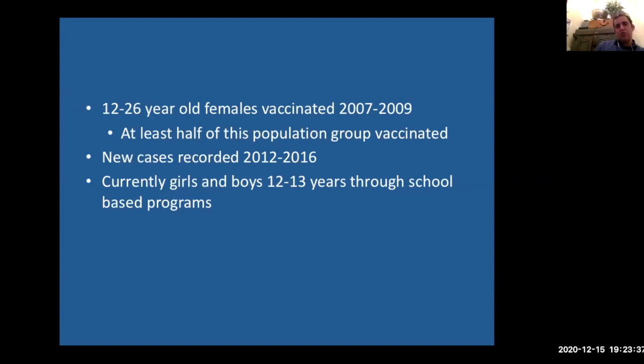So when they rolled out the vaccination program in Australia in 2007, they also vaccinated all females between the age of 12 and 26 years. They managed to vaccinate at least half of that population, and then started vaccinating 12 to 13-year-old girls through school-based programs. They then looked at new cases recorded starting in 2011 and managed to report from 2012 onwards.